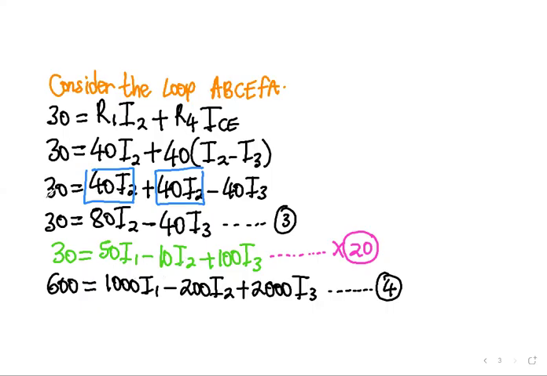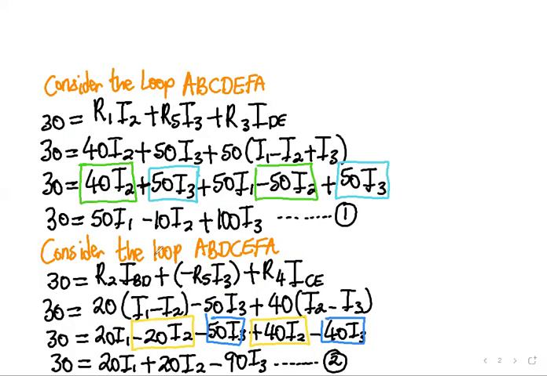Our equation number 2 is represented by 30 equals 20 I1 plus 20 I2 minus 90 I3. This equation that we are seeing here, we're going to multiply it by this coefficient here. So we're going to multiply by 50.